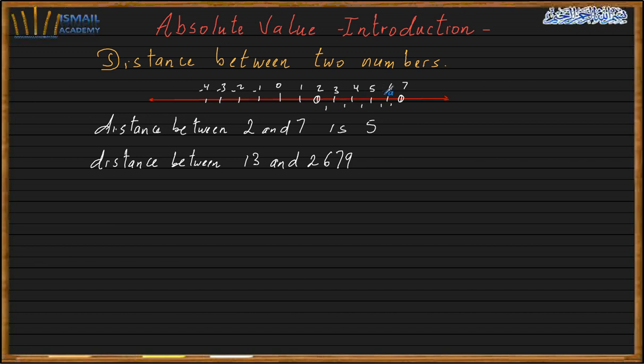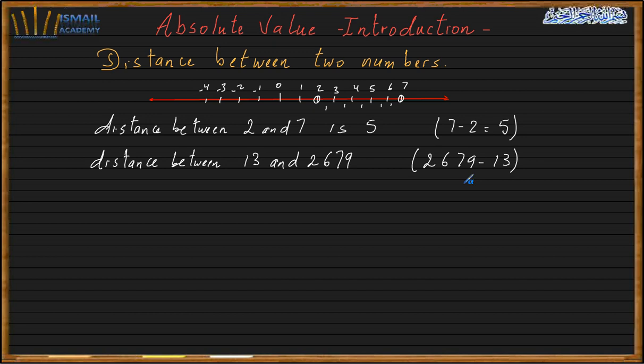So look at this. This is 5, this is 2. If I do 7 minus 2, it will give me 5. So if I want to find the distance between two numbers, I'll just take the greatest number minus the smallest number. Then I will find the distance between the two numbers.